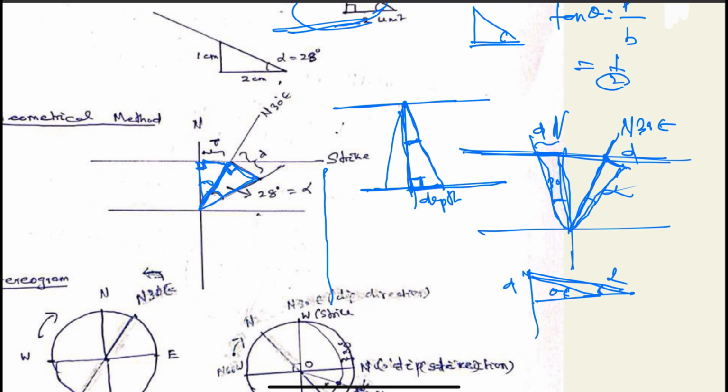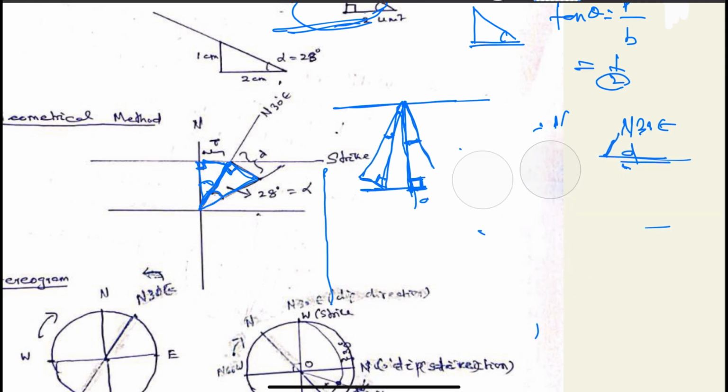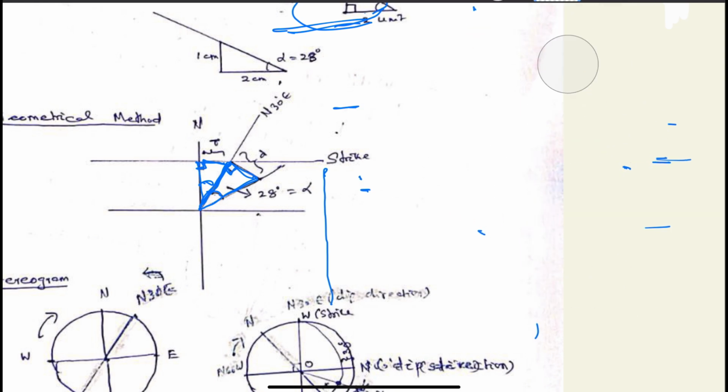Here you have to draw the perpendicular to this direction and get this depth spacing in order to get the apparent dip angle. This is the way we have solved the problem in terms of drawing.